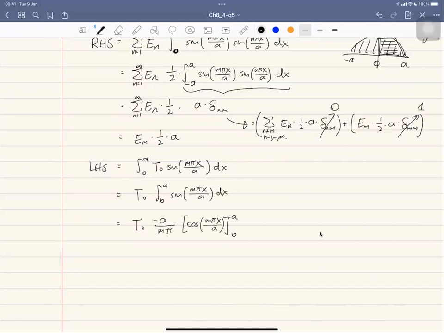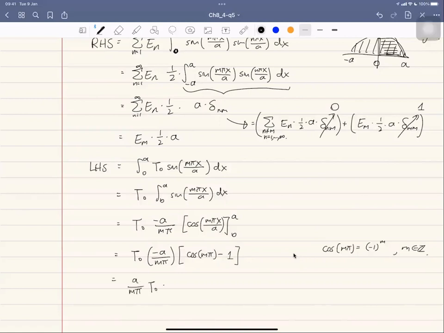All right. And now we just plug things in here. So we have cosine m pi minus 0. So that's 1. And we know cosine m pi is equal to minus 1 to the power m, as long as m is any integer, which is what we are going to impress on. So I'll just take this minus sign and flip this around just for niceties.